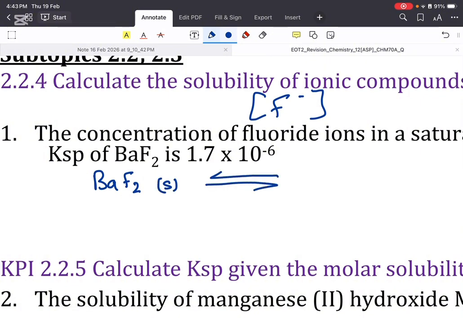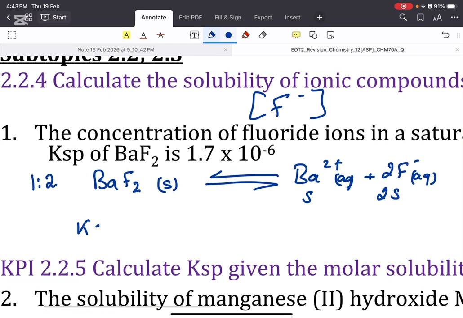And you should always follow these steps while you are solving. As you can see, this is a ratio of 1 to 2. So I get 1 barium ion for 2 fluoride ions. Therefore, the solubility is S for barium, and for fluoride it is 2S.